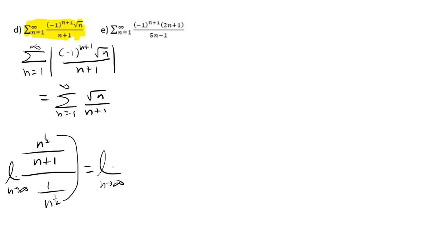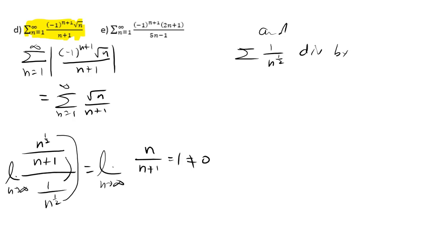infinity, when you multiply these two you get n, when you multiply these two you get n plus 1, is equal to 1, which is not equal to 0. And we know that sigma 1 over n to the 1/2 diverges by the p-test. P is 1/2, which is less than or equal to 1. Okay?